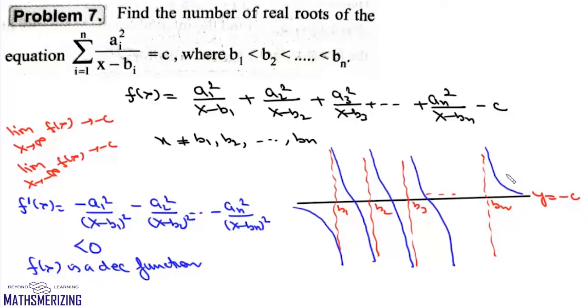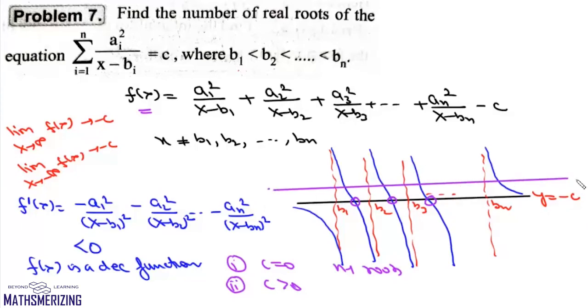Now we need to find number of real roots of this equation. So we'll have three separate cases. Case 1, when c is 0. If c is 0, then in that case this line itself is x-axis. So in this case there will be n minus 1 roots. And second case, if c is greater than 0, in that case x-axis will be drawn above this line.